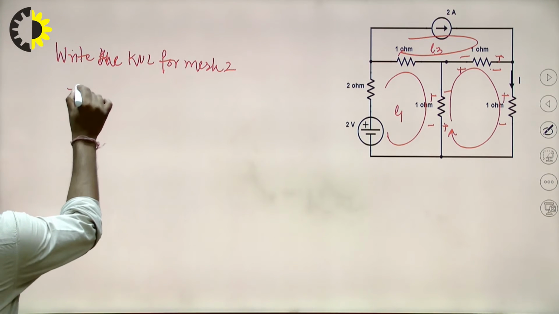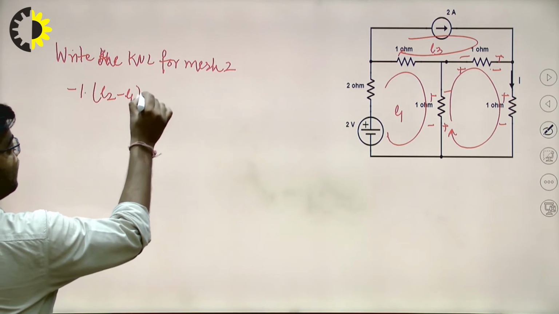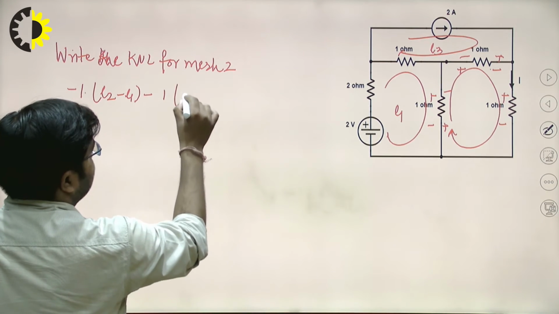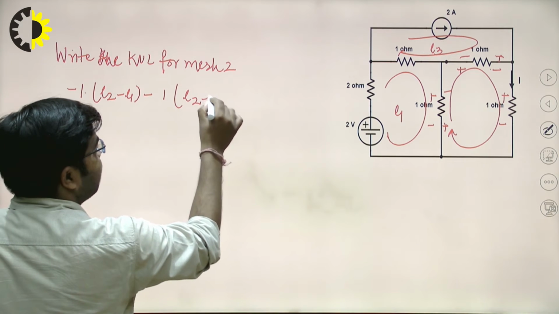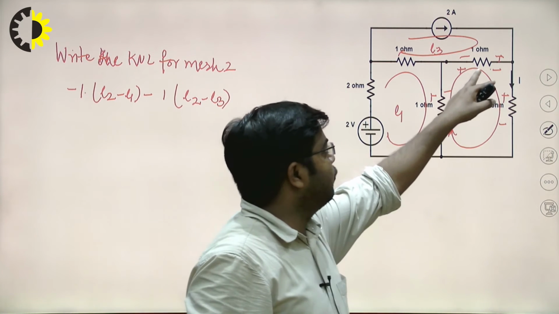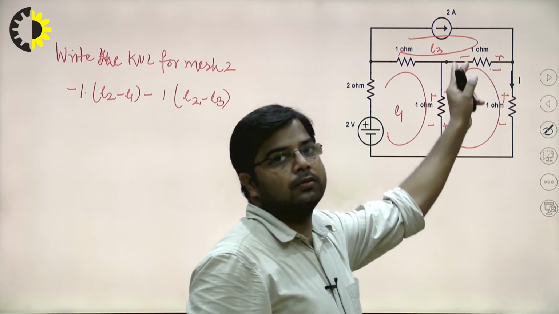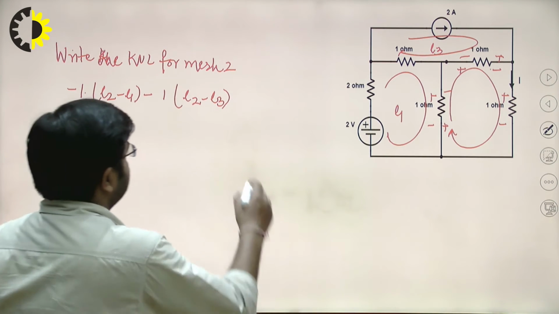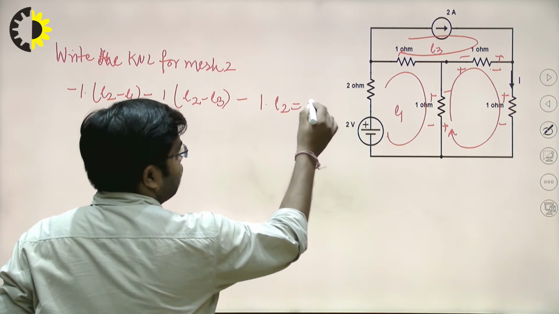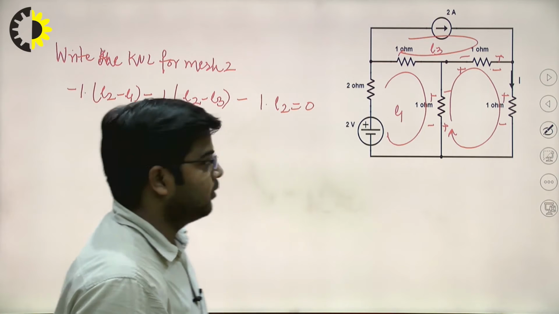Minus 1 into (I2 minus I1), then minus 1 into (I2 minus I3). This 1 into (I2 minus I3) is the voltage drop across this resistance. Then 1 into I2 is equal to 0. This 1 into I2 is the voltage drop across this resistance.